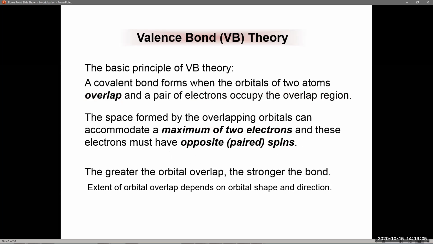The greater the overlap, the stronger the bond. I think I'm going to have a better way to explain that, but essentially, if you have double bonds or triple bonds, there's more overlap between the elements, and so more electrons being shared leads to a stronger bond. And I have another slide that emphasizes that as well.